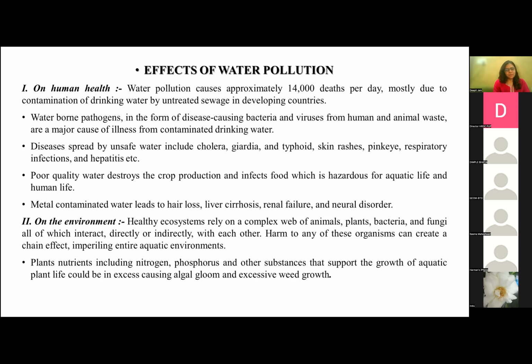Plant nutrients, including nitrogen, phosphorus, and other substances that support the growth of aquatic plant life, could be in excess, causing algal bloom and excessive weed growth. It seems like not a big issue, but if too much algae grows in any water body, then it consumes most of the oxygen and reduces the oxygen level in that water.